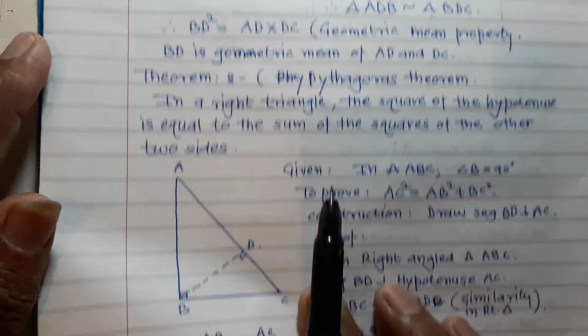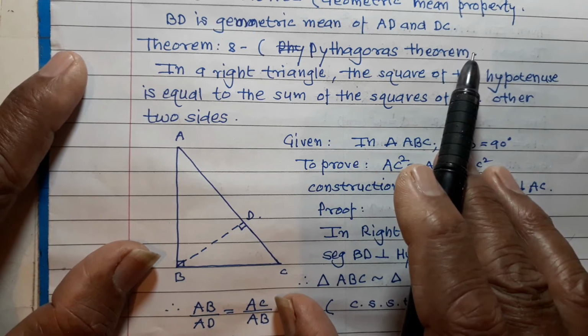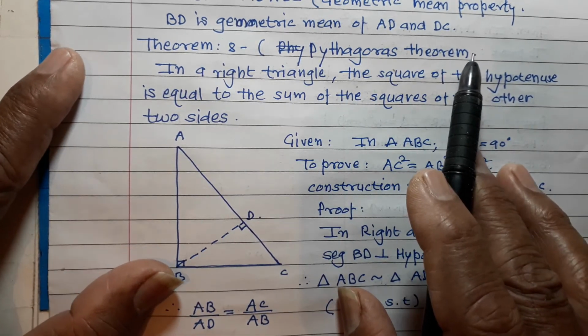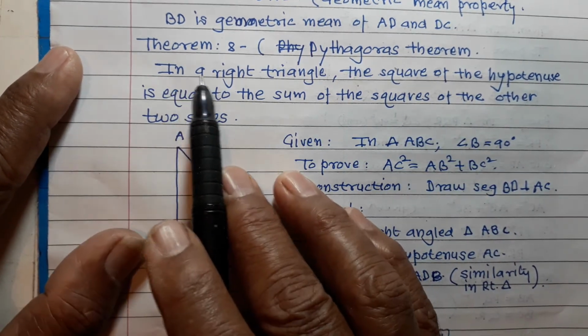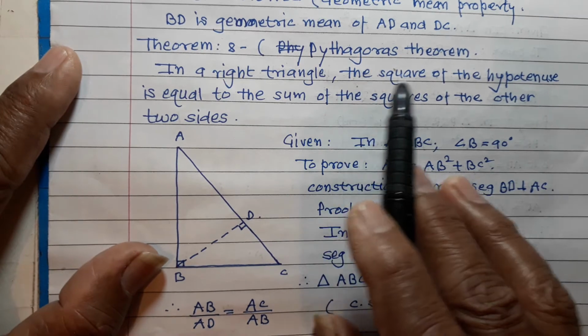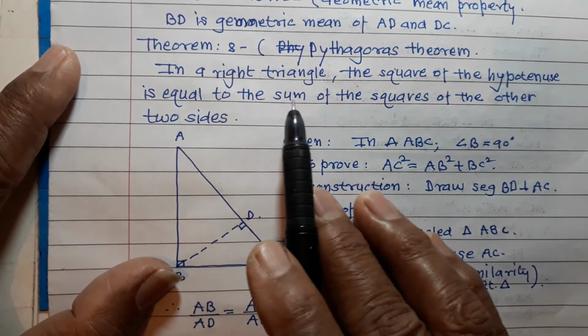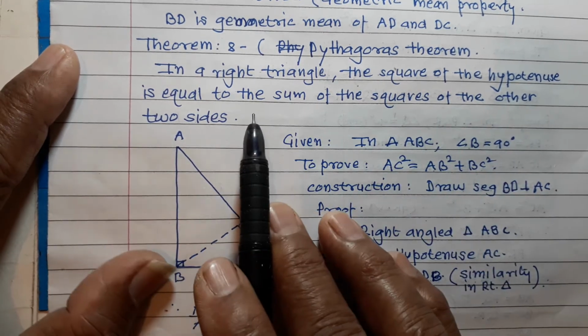Theorem number 8, Pythagoras theorem. This theorem is also very important from the exam point of view. In a right angle triangle, the square of the hypotenuse is equal to the sum of the squares of the other two sides.